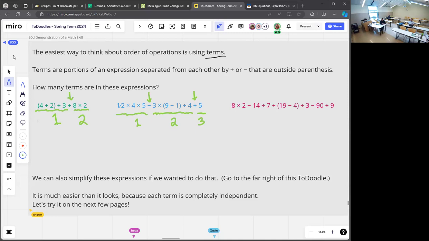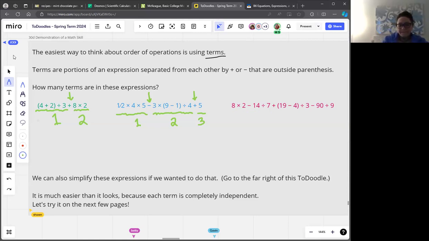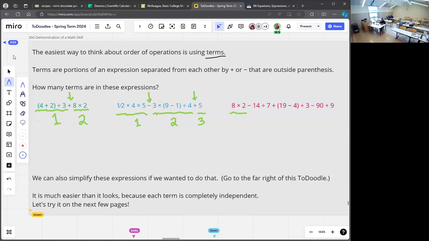Okay, help me with the last one. Tell me when to stop moving my line. When does the first term get finished? One. You let me get too far. Where's the first one? Mine is not in parentheses. Right, so that breaks it.